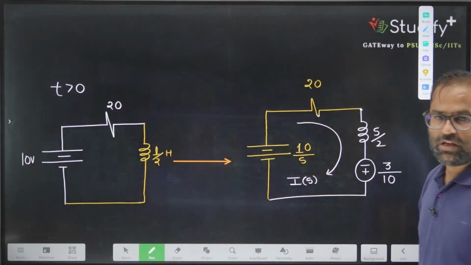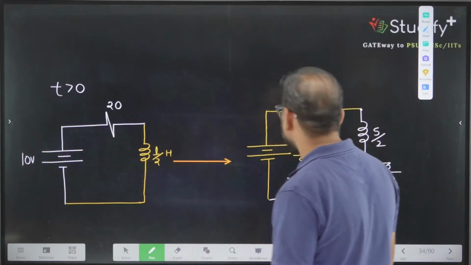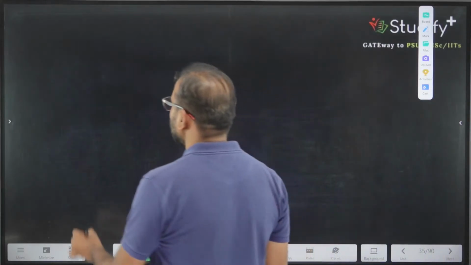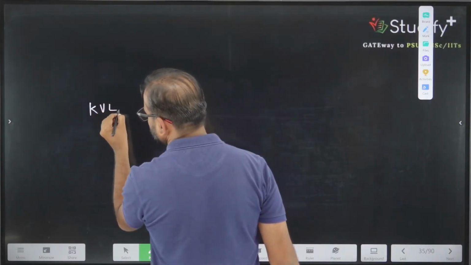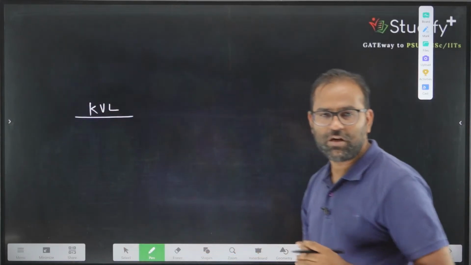If this current is I of S, I can apply the KVL here. So let's apply the KVL to the circuit. If I apply the KVL to the circuit, how will it look?